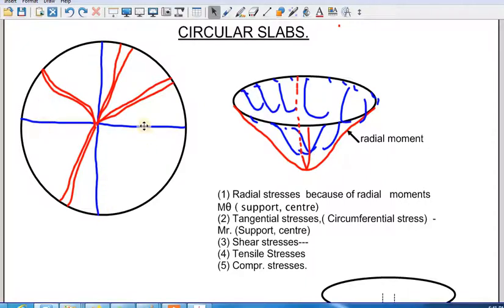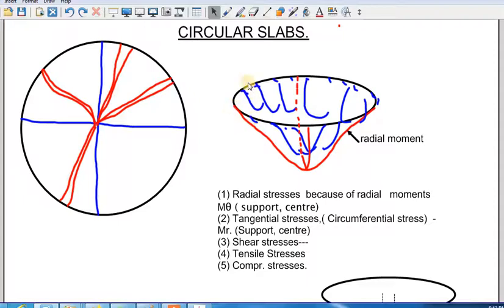One is radial stresses, or radial moments, mainly due to the bending of the slab in orthogonal directions. Another is circumferential stresses, because of the bending in a tangential way, or because of the hoop stresses.